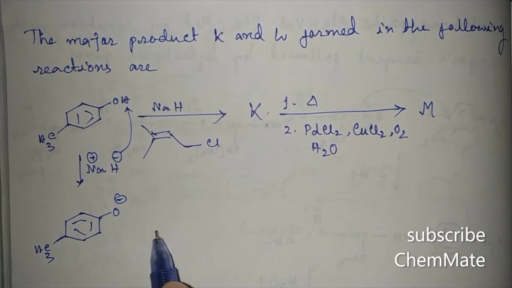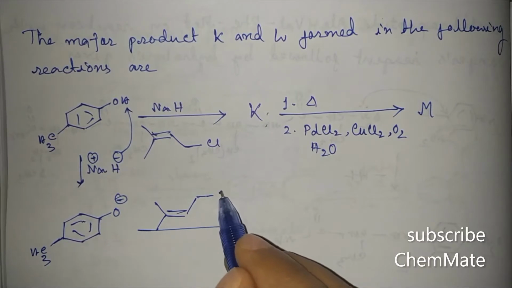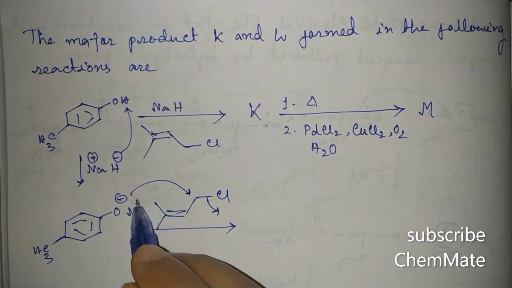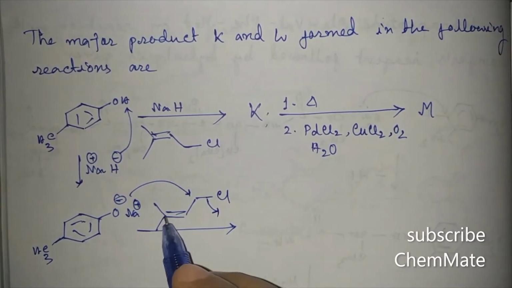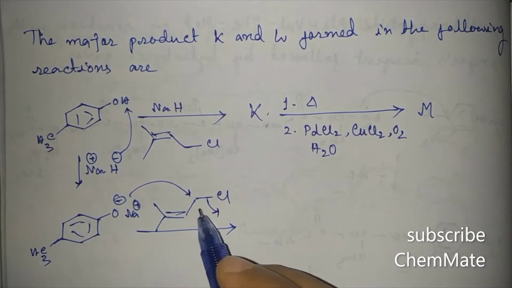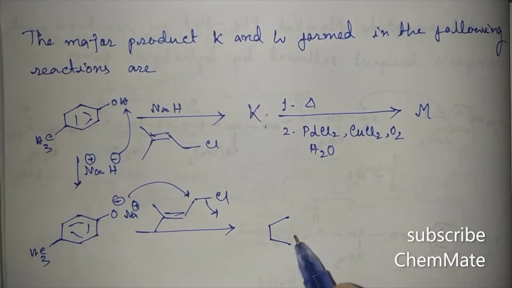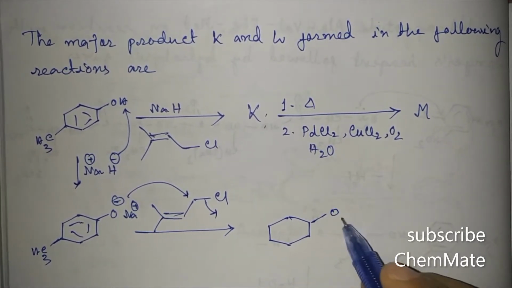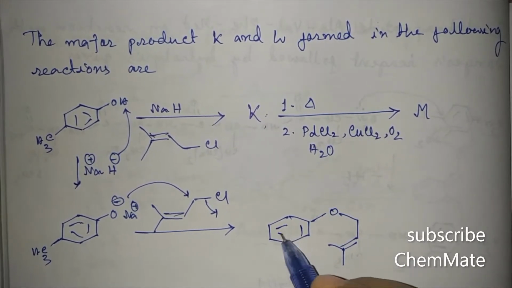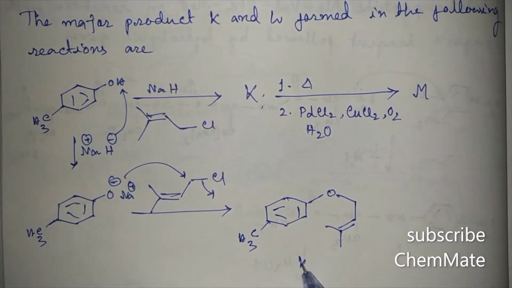Now it will undergo SN2 reaction with this allyl chloride, and it also may undergo SN2 prime, but as this is the more hindered side, it will attack in this position, and an allyl ether will be formed. So this is the K.